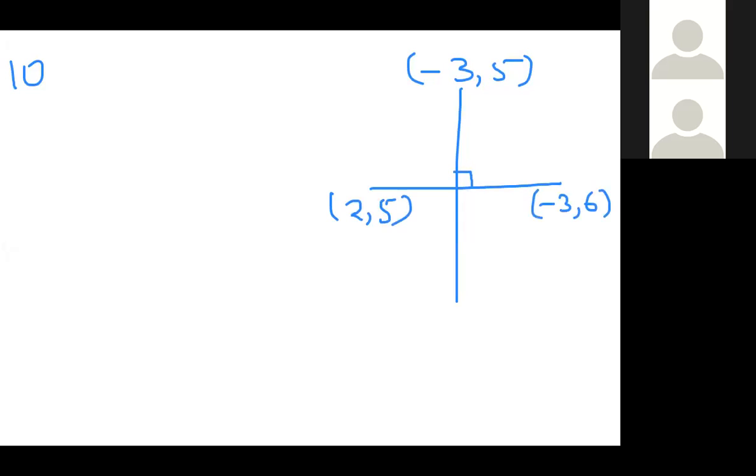So this I'm calling AB. We can calculate the slope of AB.